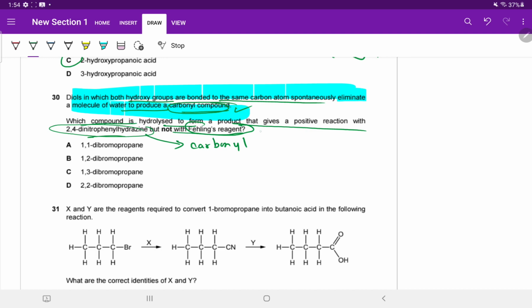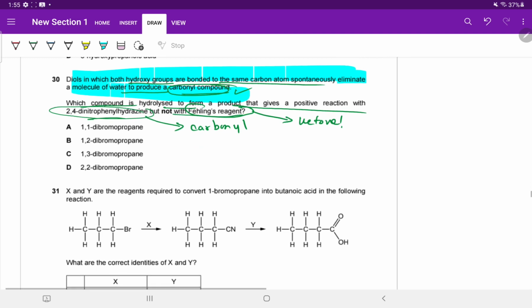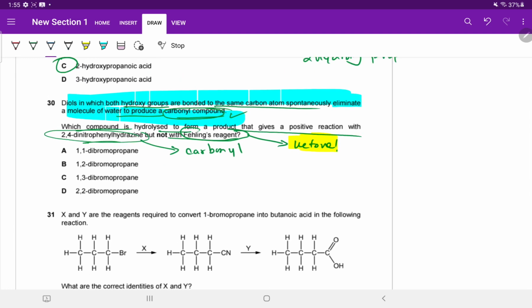But it does not react with Fehling's reagent, so this has to be a ketone, because ketones do not react with Fehling's reagent, aldehydes do. So very important thing, we have to just find ketones over here. So the first option they have given us is 1,1-dibromopropane. So propane shall have 3 carbon atoms, and dibromo means 2 bromines.